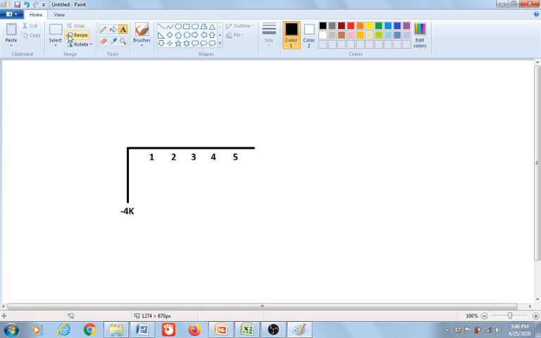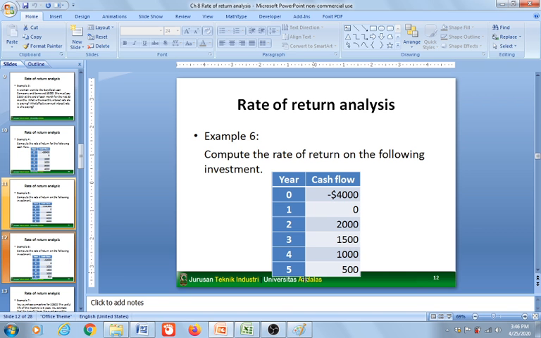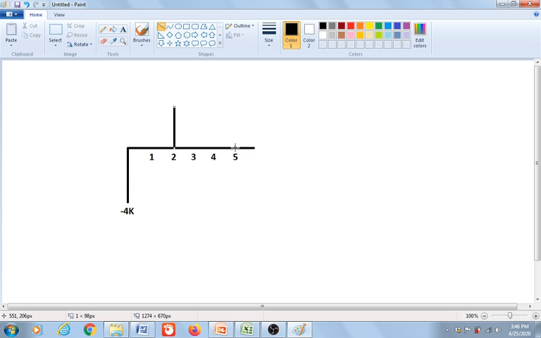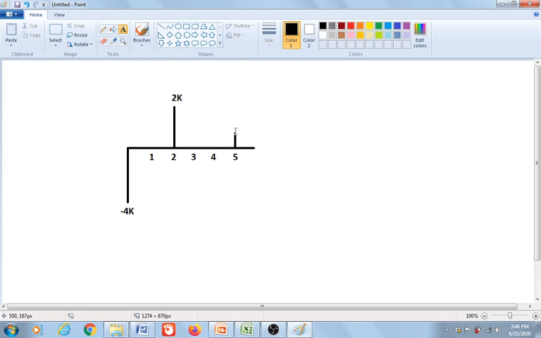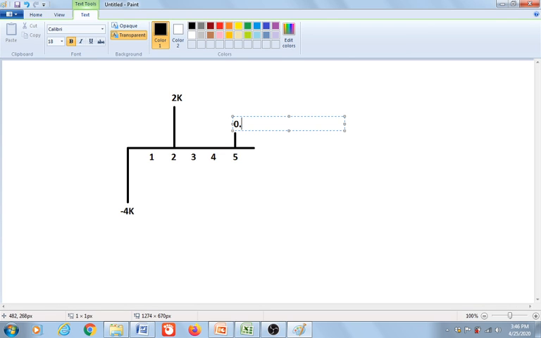Year 2, 2,000. And then year 5, 500. So it is 2K over here, and 0.5K over here.